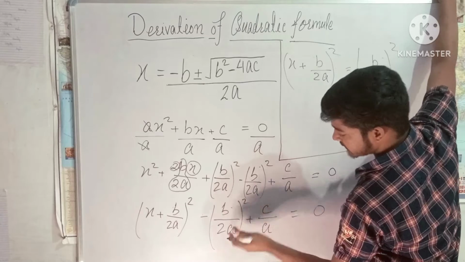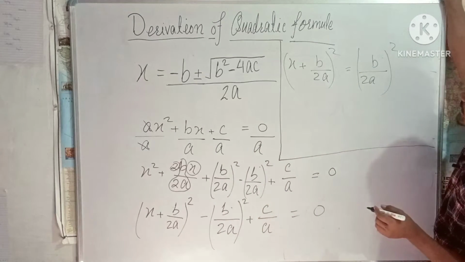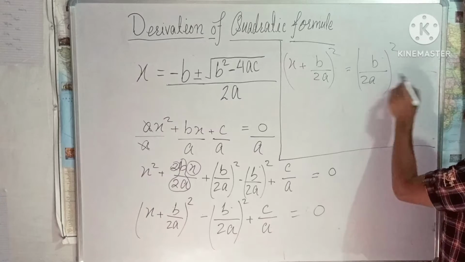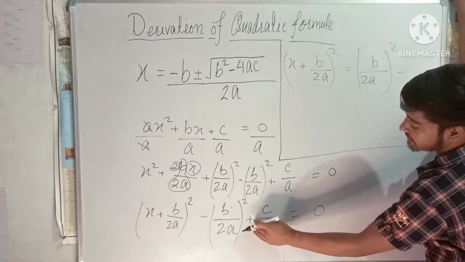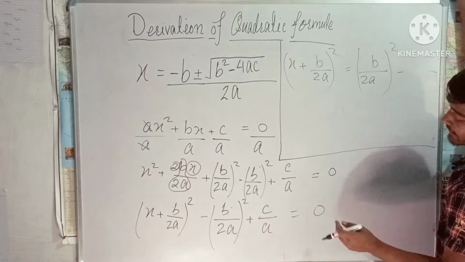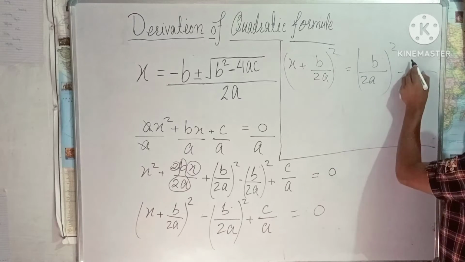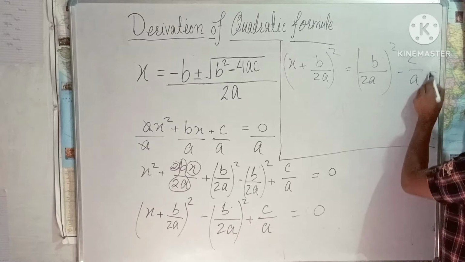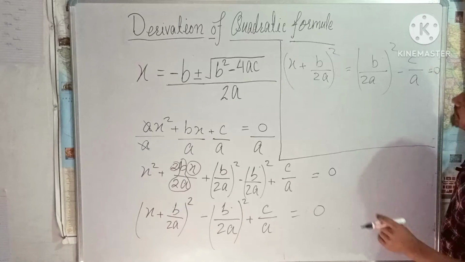Sorry, there is a mistake. Then minus, because it is plus in the left hand side, it will be minus in the right hand side, c upon a.